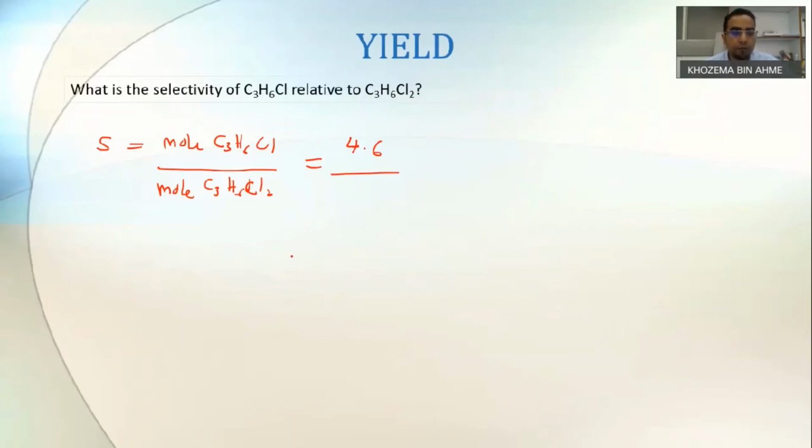We divide by, from equation 2, 24.5 mole of dichloropropane produced. So we get a selectivity of 0.188 mole chloropropane over mole dichloropropane. Okay, so this is the answer.